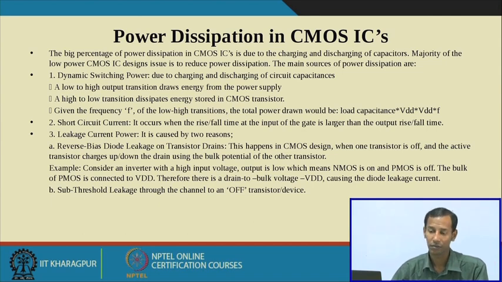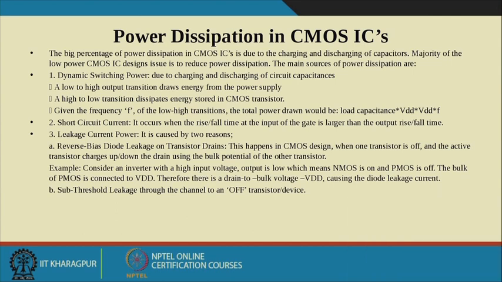One is reverse bias diode leakage on transistor drains, and the other is sub-threshold leakage through the channel of an off transistor or device. Net switching power and cell internal power are also there when you calculate power in PrimeTime.